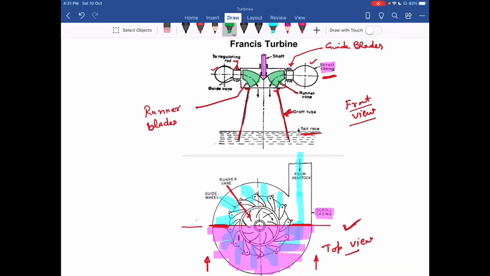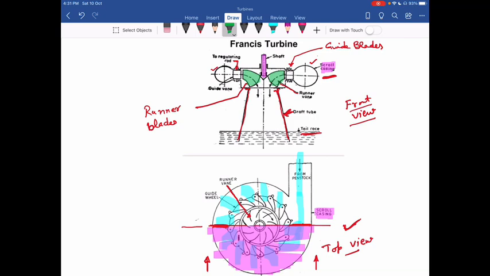Okay. Now here you see how water flows. Now here the water enters the turbine through the casing, or you can say the casing is connected to the penstock.